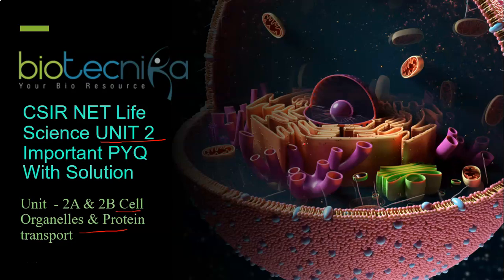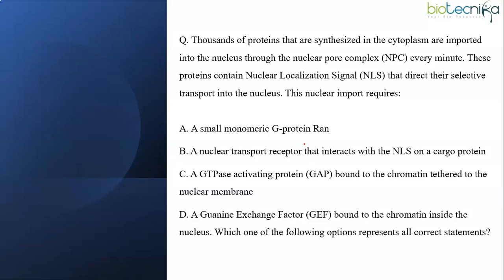So the very first question is: thousands of proteins synthesized in the cytoplasm are imported into the nucleus through the NPC, the nuclear pore complex, every minute. These proteins contain an NLS that directs their selective transport into the nucleus.